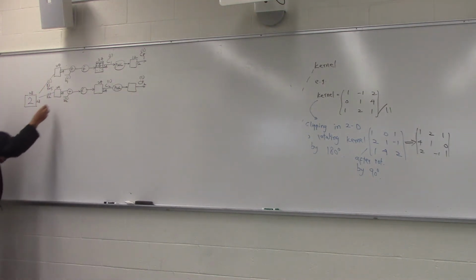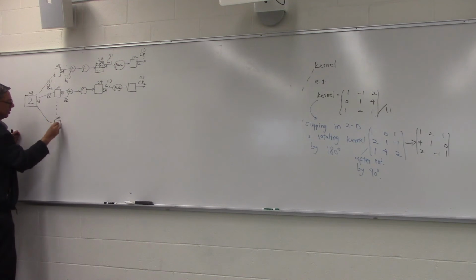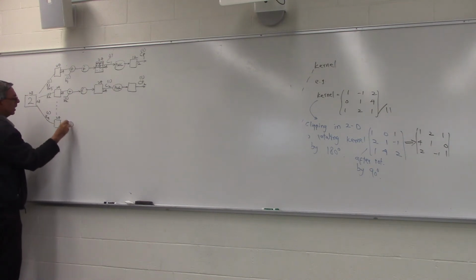Now, let's suppose we decide to do 4 convolutions in parallel. The last one that we will do over here will be K4 of 1. Then again, this will be B4 of 1.